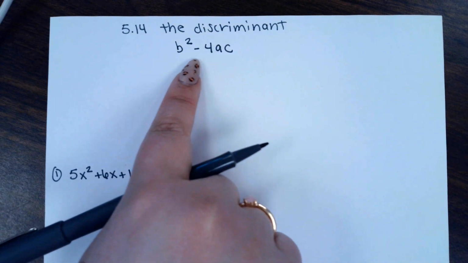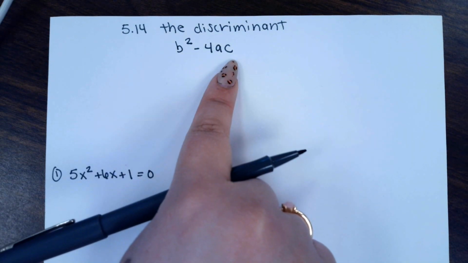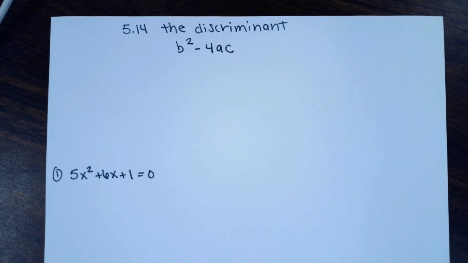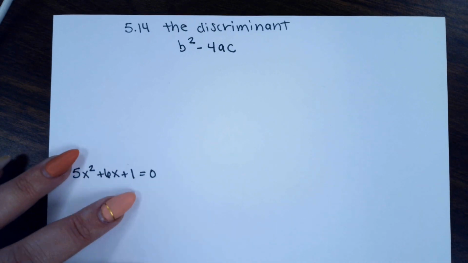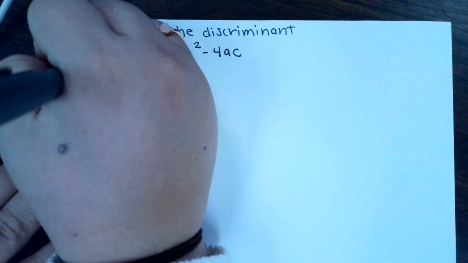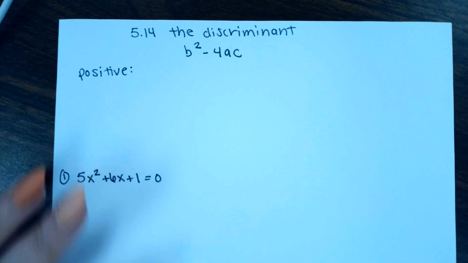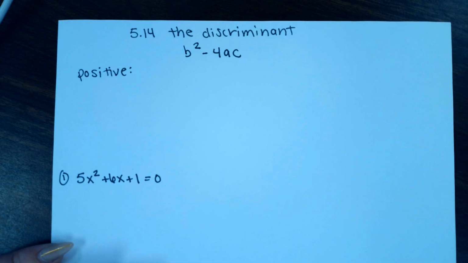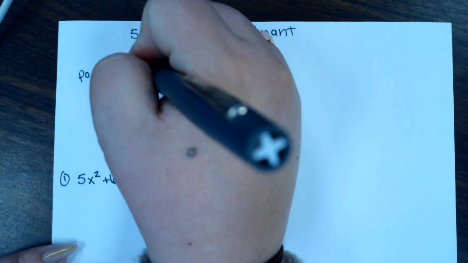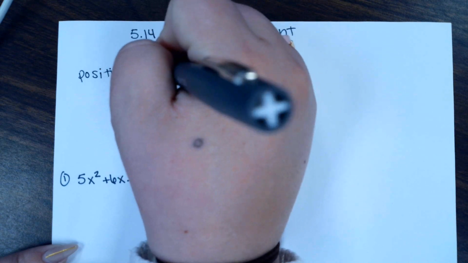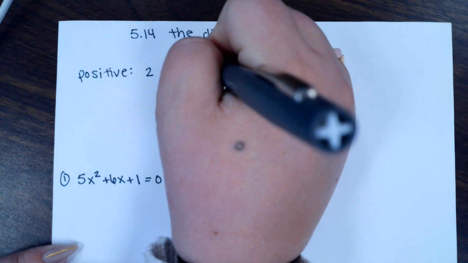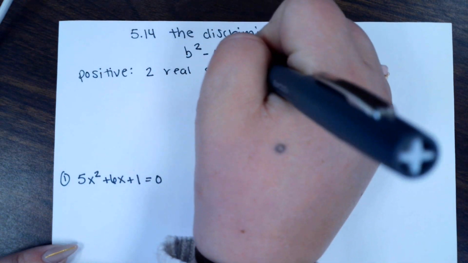Depending on what type of number the discriminant is, that tells us how many solutions we have and of what kind, whether they're real or imaginary. So there's three options. We could have a positive discriminant. If we have a positive discriminant, then our quadratic has two real solutions.